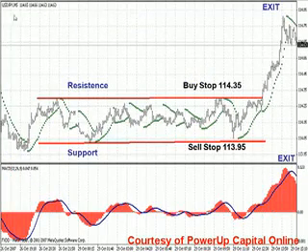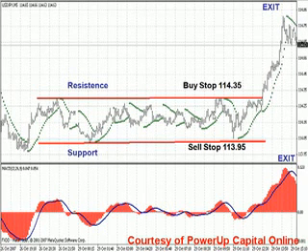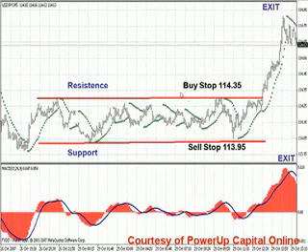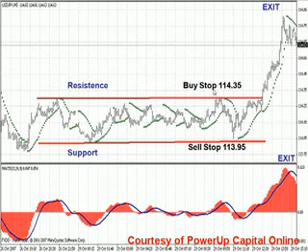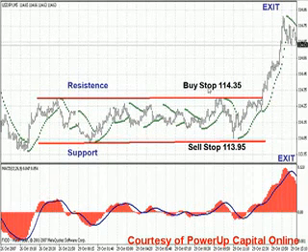This is the US Japanese yen 5-minute chart and the currency is going sideways and then suddenly there's a breakout. So we have placed a buy stop order over here and a sell stop order over here, 15 pips above the resistance and 15 pips below the support. Since there's a breakout on the upside, the buy stop gets executed. Now once the buy is executed, how do you exit?